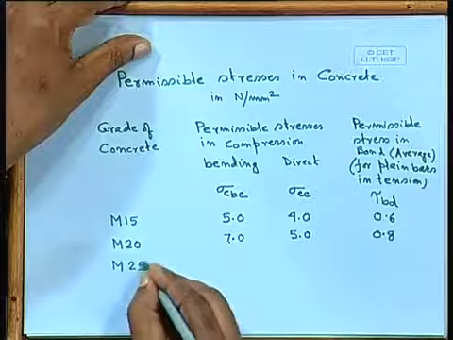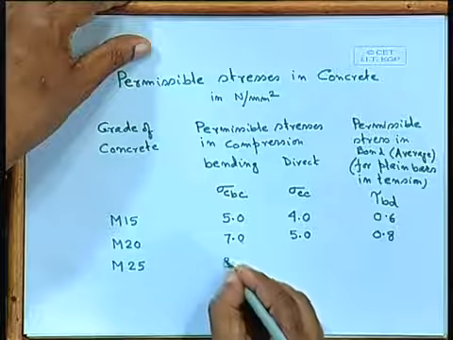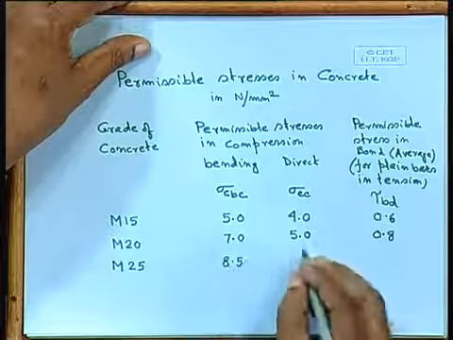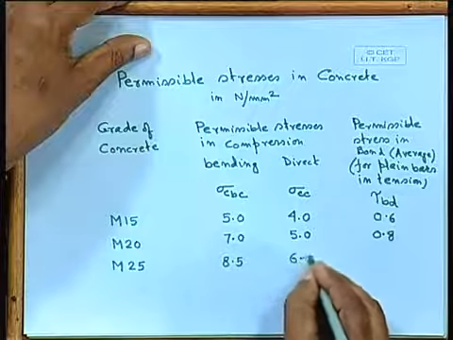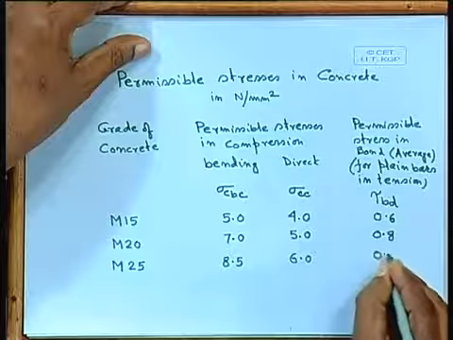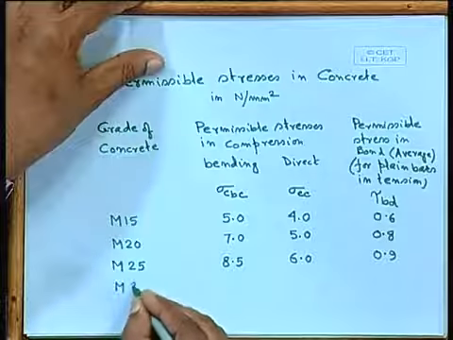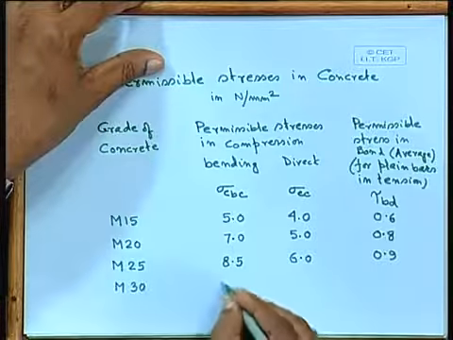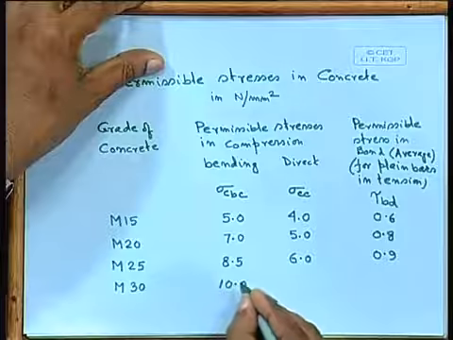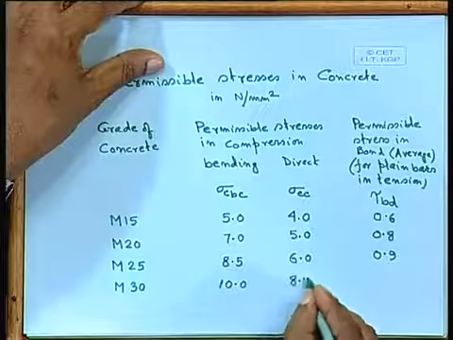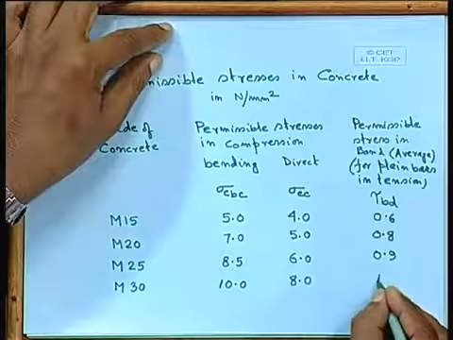M25: 8.5, 6.0, 0.9. M30: 10.0, 8.0 and 1.0.